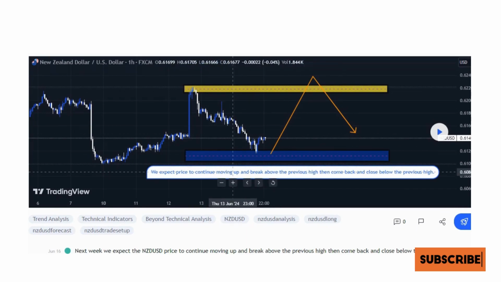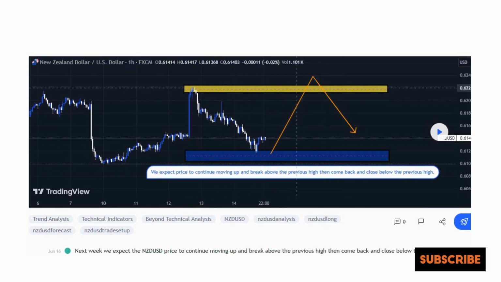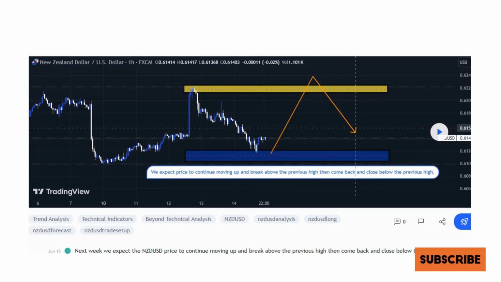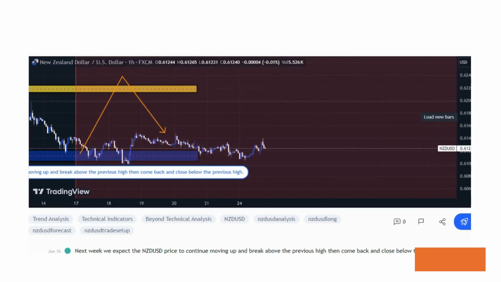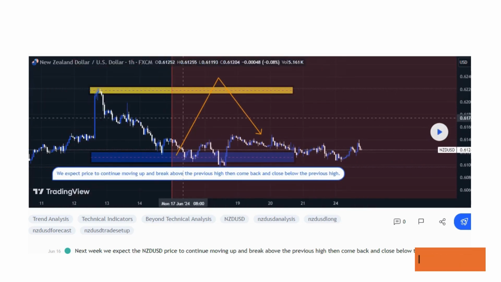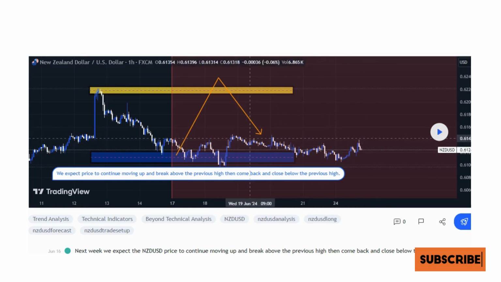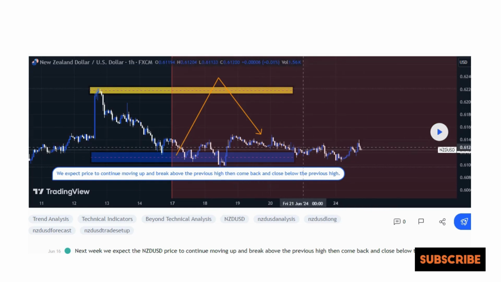Our expectation was to see the price continue to move up, break above the previous high, and then come back and close below the previous high somewhere around here. Let's see what happened. The price retested the support zone and then continued to trade low within this area.